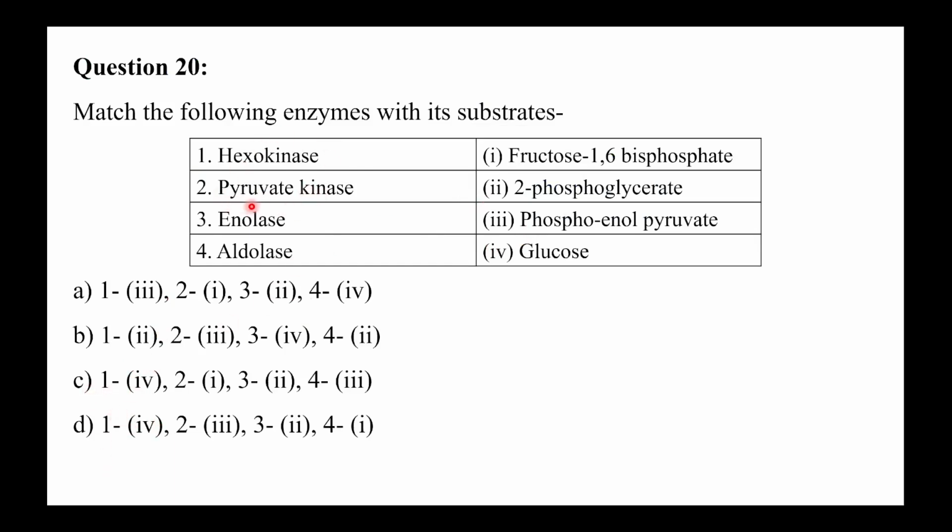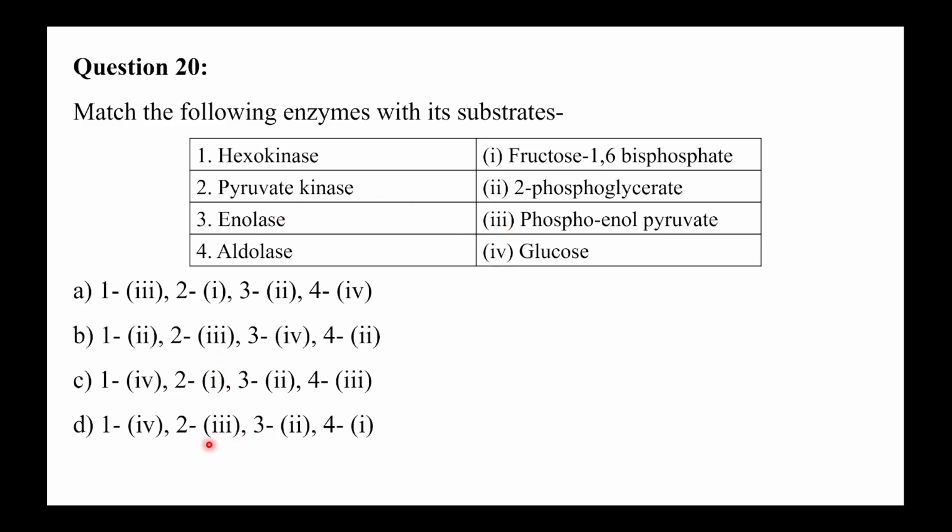Then second enzyme here is pyruvate kinase. So the substrate for pyruvate kinase is phosphoenol pyruvate. So basically from phosphoenol pyruvate, phosphate is transferred to the ADP molecule by the enzyme pyruvate kinase, and from phosphoenol pyruvate we get pyruvate. This is the last step of glycolysis.